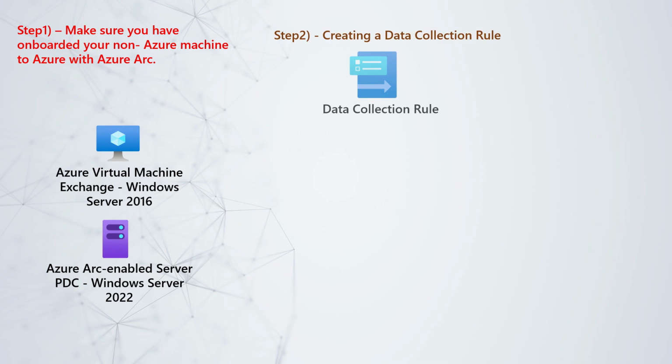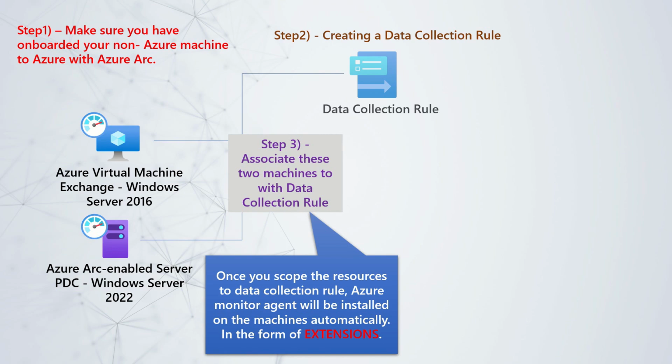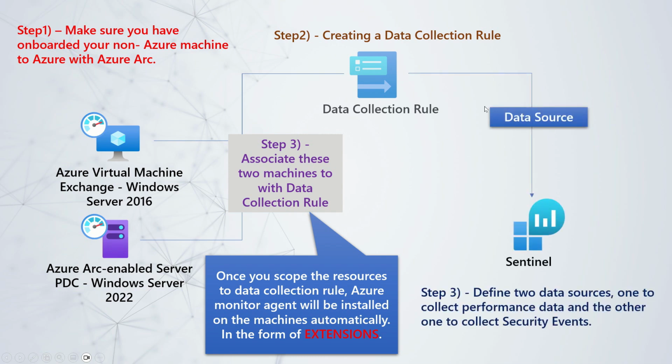Then step number two will be creation of data collection rule and then associating the machine with this particular rule. Now, what this will result in is the installation of AMA agent on this particular machine in the form of an extension, and then all the data ingestion will happen to my workspace, which is Sentinel's workspace, right? This is exactly what is going to happen.